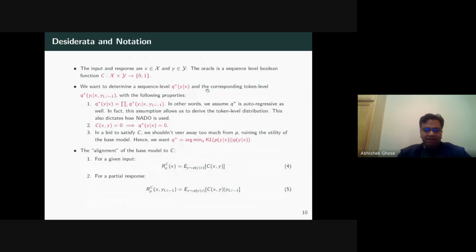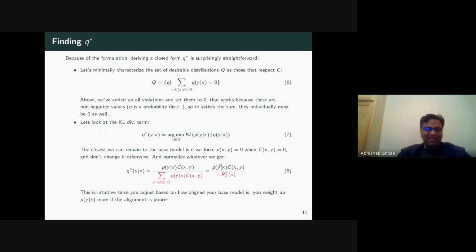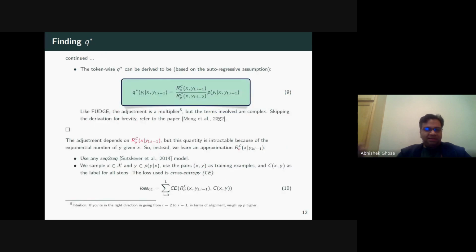If you look at the math, we are saying that all possible strings that X could have produced on the base language model should be used to compute these quantities. We cannot do that for most large language models. The space of strings that can be produced is huge, right? So now you set yourself on the task of approximating these quantities, and this approximation model is what is known as NADO.